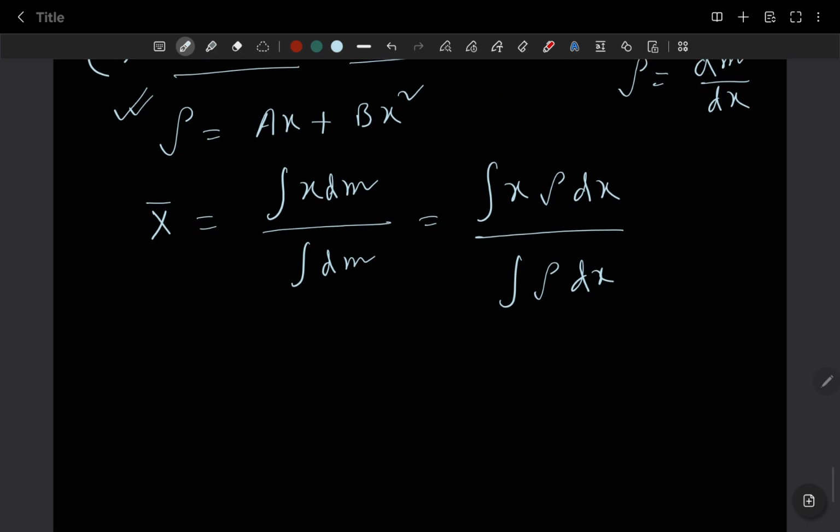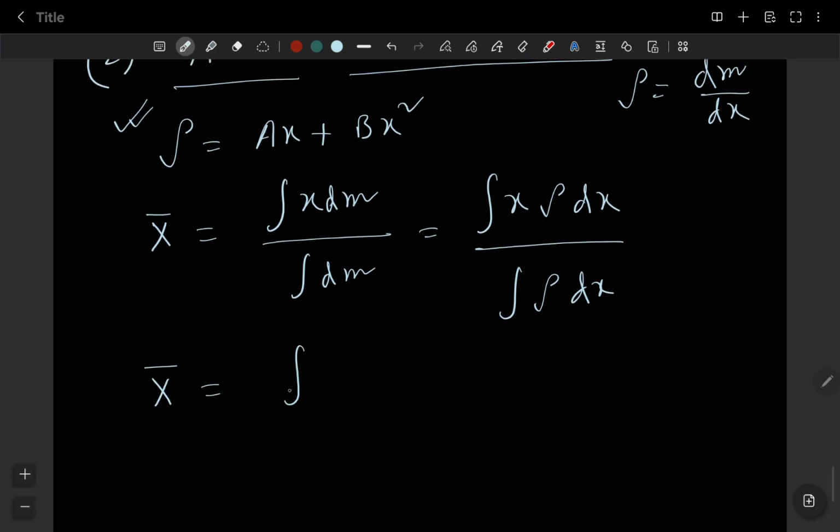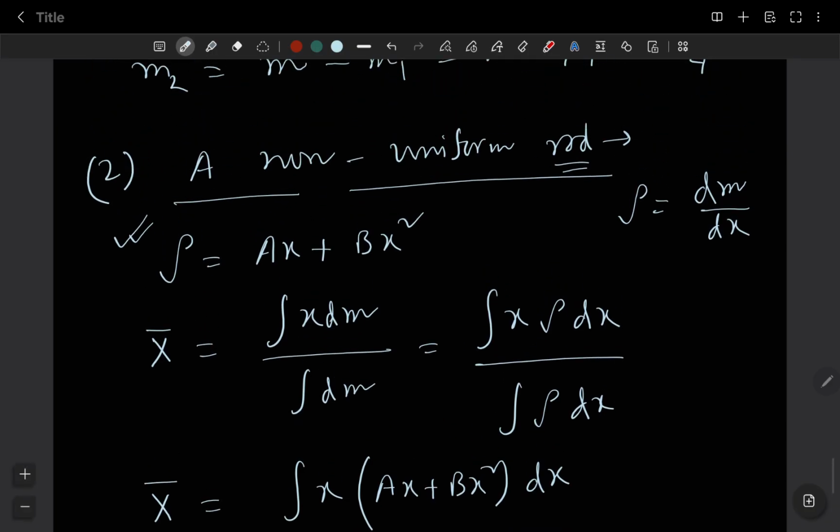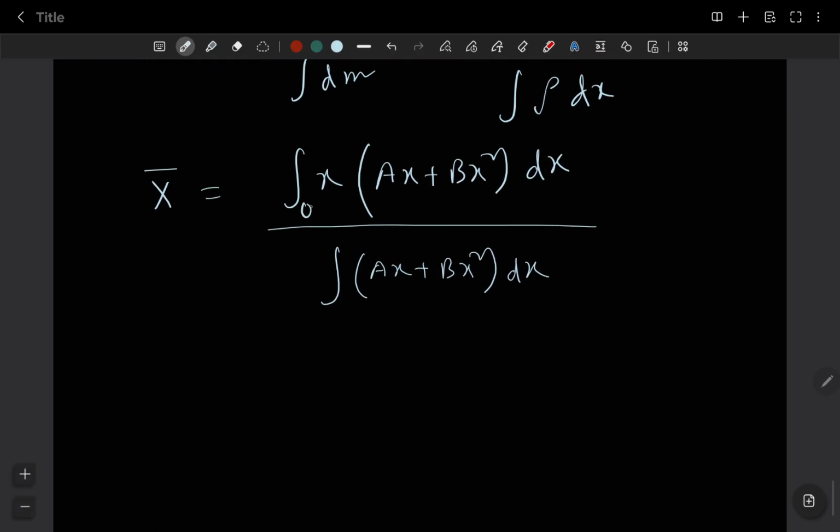Put the value of rho, we get the integral of x times (ax plus bx square) dx by the integral of (ax plus bx square) dx. Let the length of this rod be L, so from 0 to L. Just do the integration.